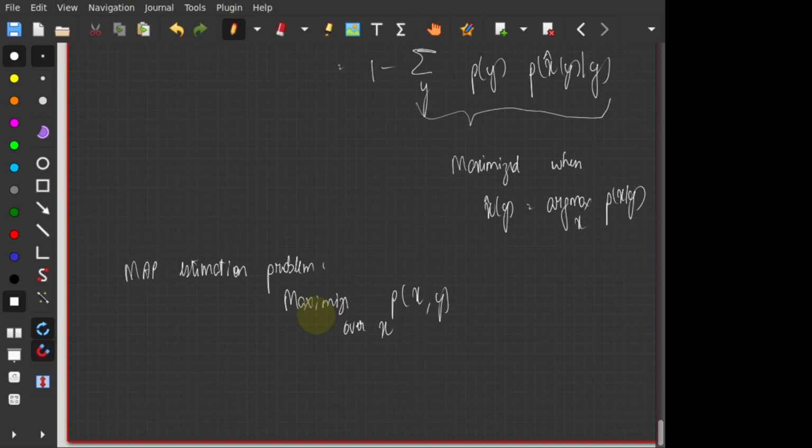Now at times, instead of maximizing the probability distribution p of x comma y, you instead look at log of p of x comma y, because maximizing p of x comma y is the same as maximizing log of p of x comma y, and that is called the likelihood. So this p of y given x is sometimes called the likelihood function, and log p of y given x is called the log likelihood function.